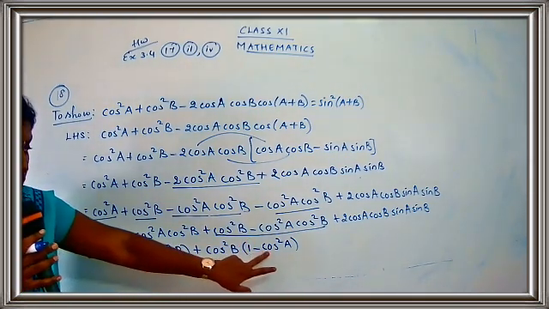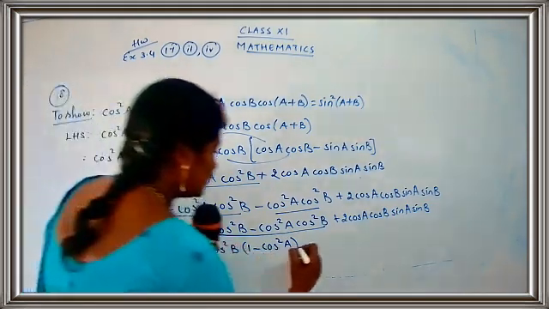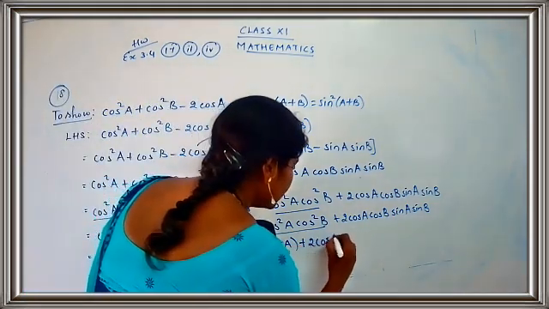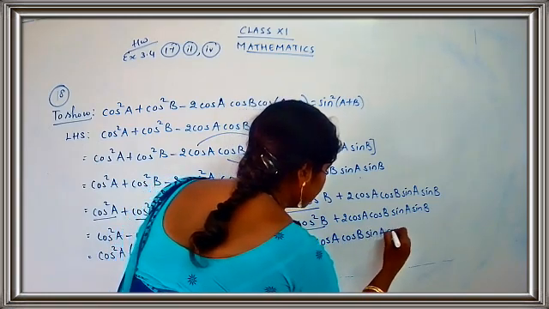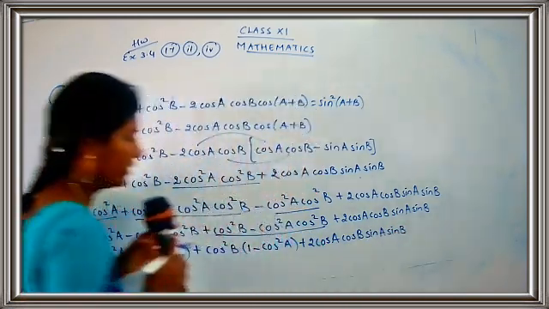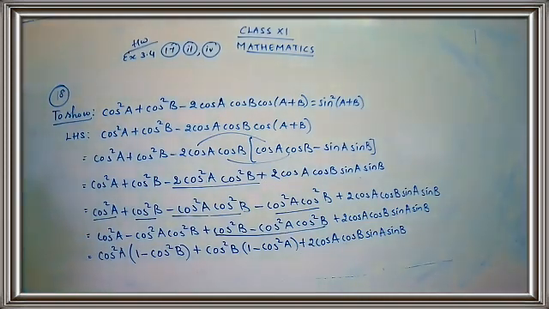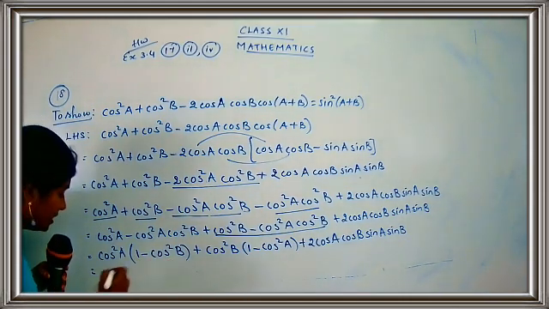So what will be left here? 1 minus cos square A plus 2 cos A cos B sin A sin B. So what is left at the last? 2 cos A cos B sin A sin B. Okay, children. Now, what is 1 minus cos square B?